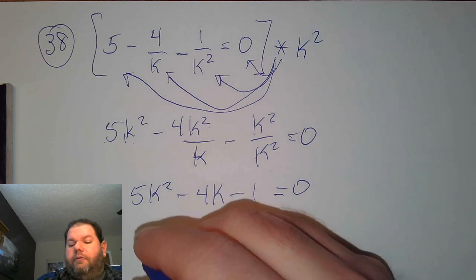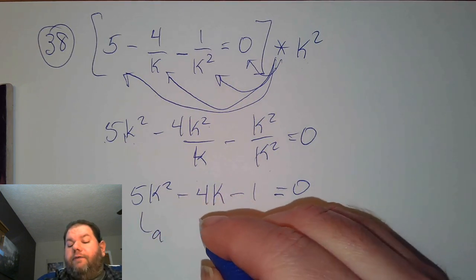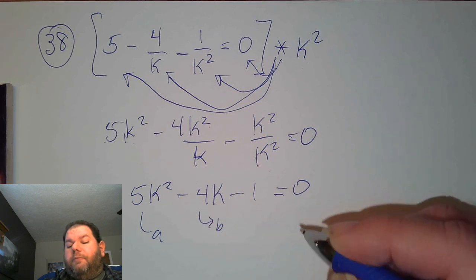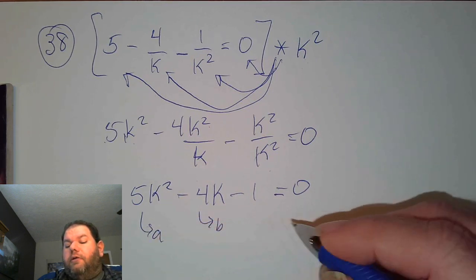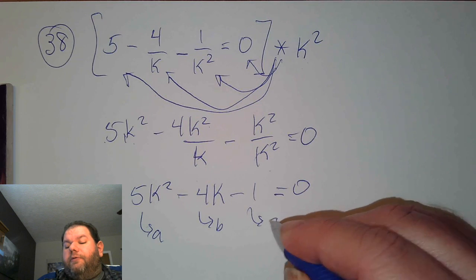Alright, so we have a equals 5, b equals minus 4, and c equals minus 1.